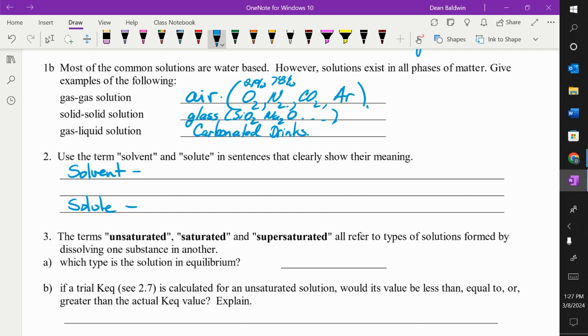It's the larger amount. And the solute is what's dissolved basically. The smaller amount.